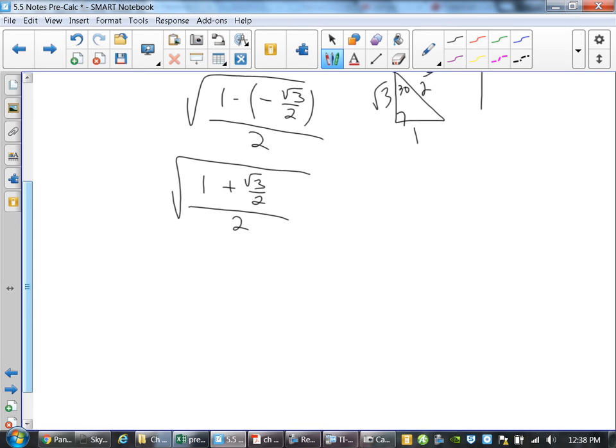So to get a common denominator for that numerator part, it's going to be a 2. Are we okay with that? So you write it out as 2 plus root 3 over 2. Wait, did I write that backwards?